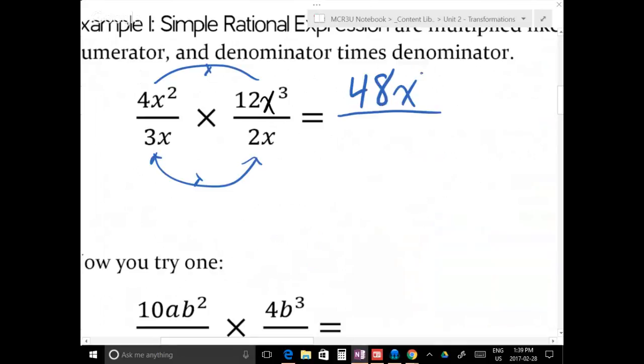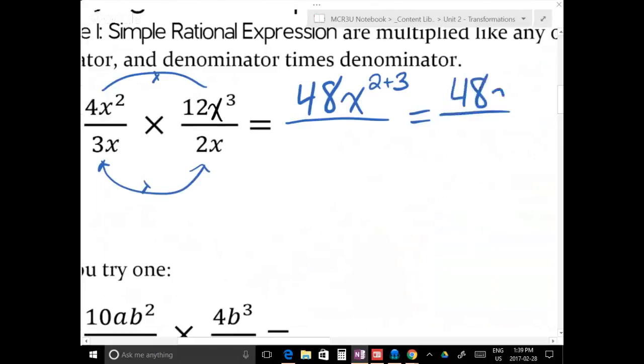Let's actually show it here so we all remember it. X squared times x cubed, we add those exponents together. It's going to end up being x to the exponent 5. What am I going to get on the bottom?